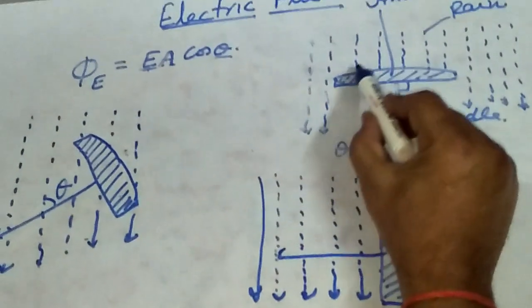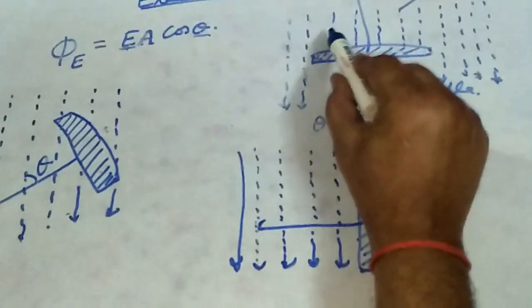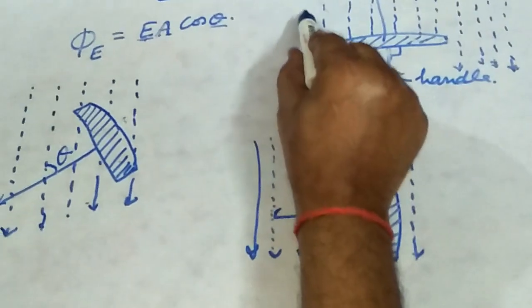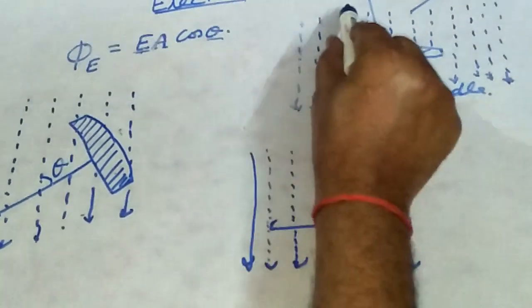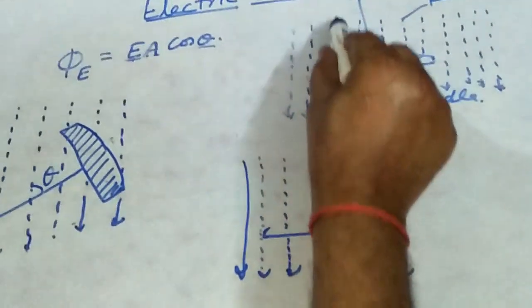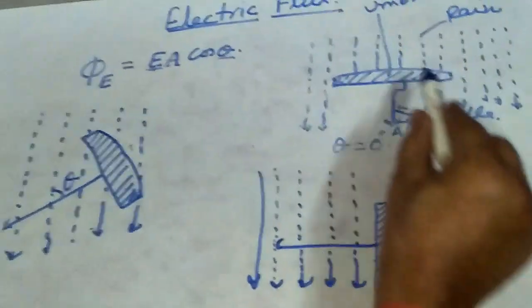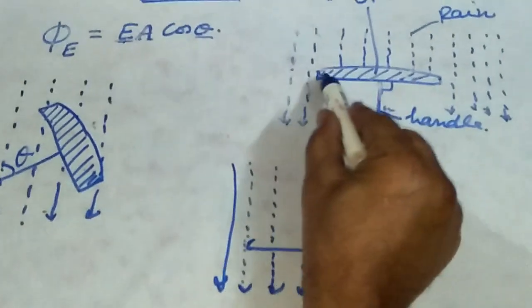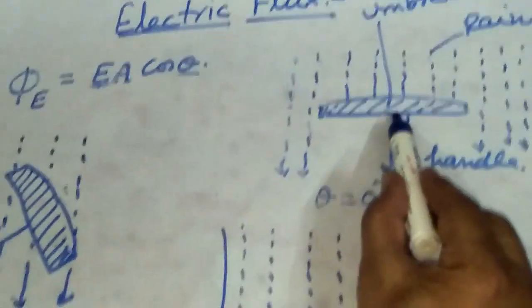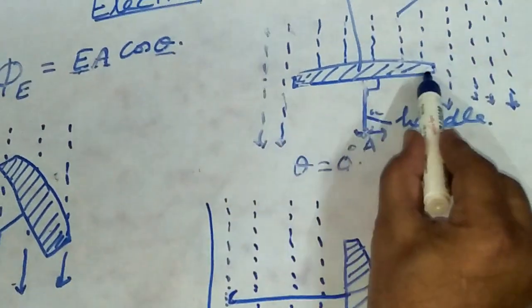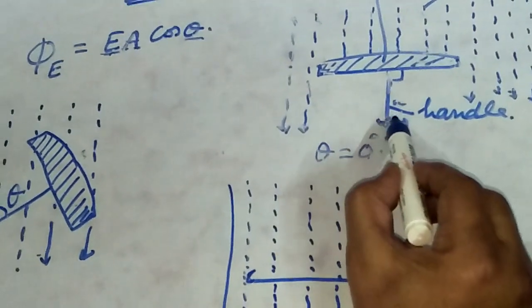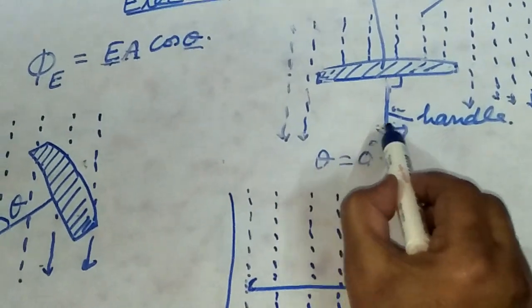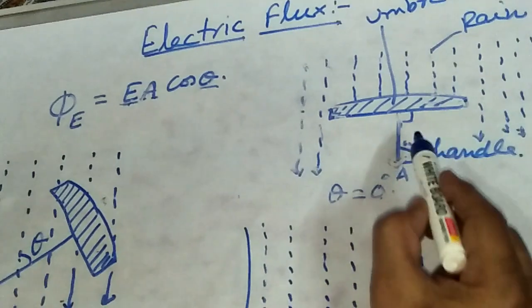So dear student, you see here in this case, when this umbrella is held in the rain, the raindrops act as the electric field or electric lines of force, and this one is the surface of the umbrella and this one is a stick. This stick is normal to this surface and acts as the axis or area vector of this surface.